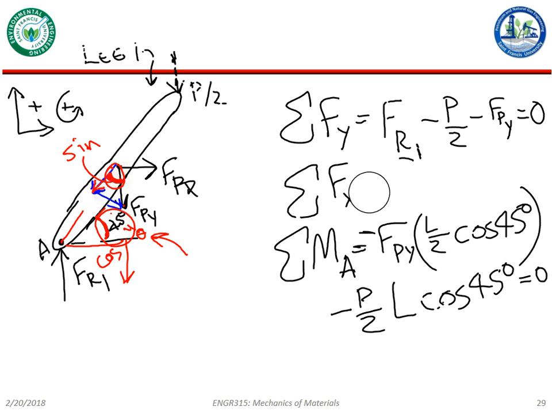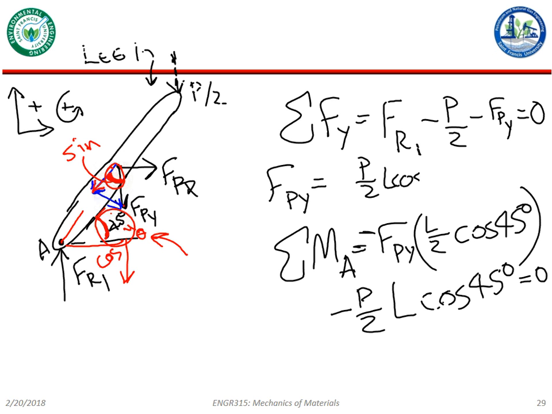Let me make a little bit more space. So you're saying if we solve for Py, you have P over 2 on this side, L cosine 45 times 1 over L over 2 cosine 45. So, right, you can put that wherever we want.